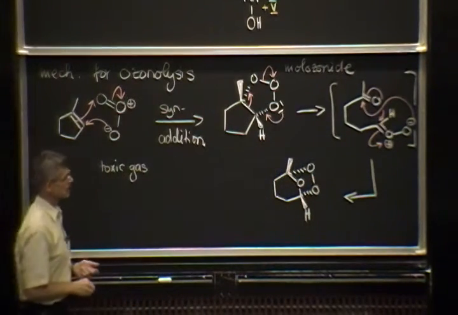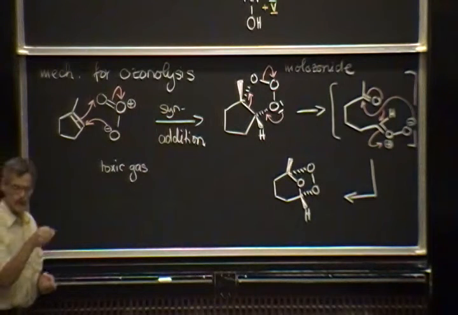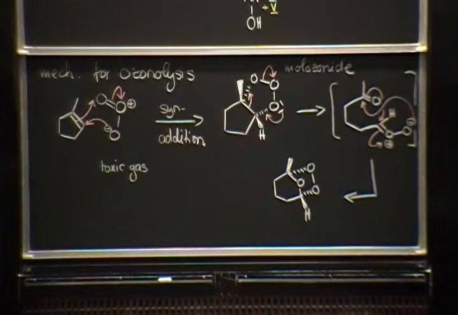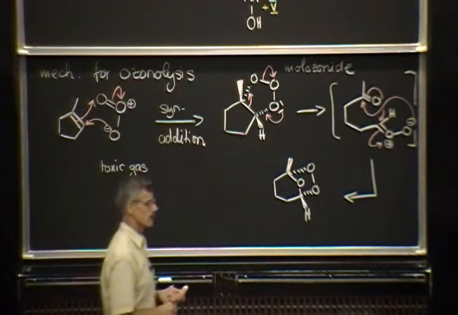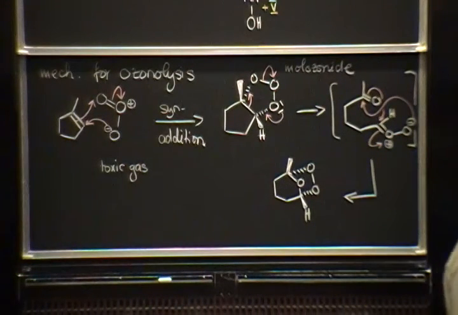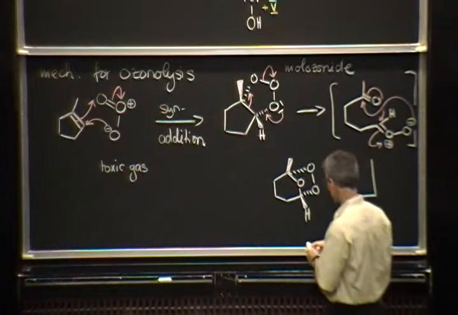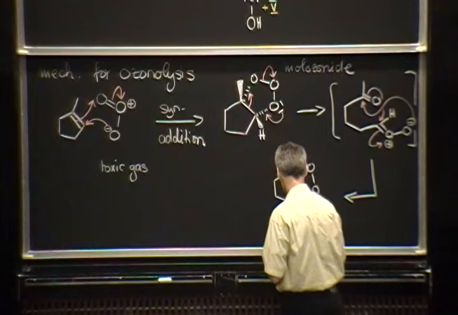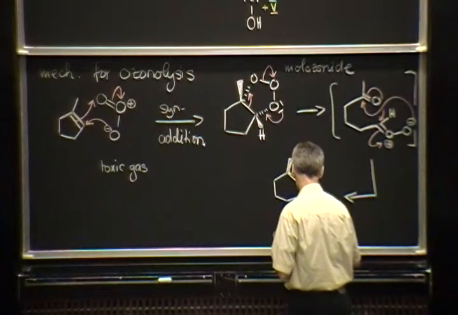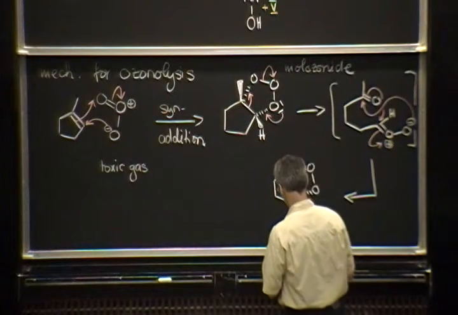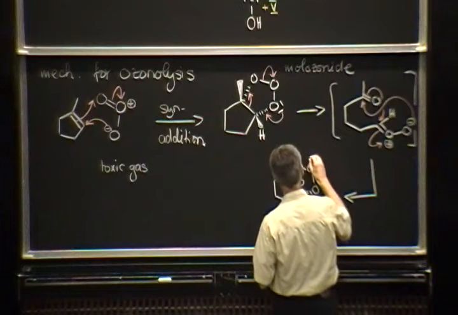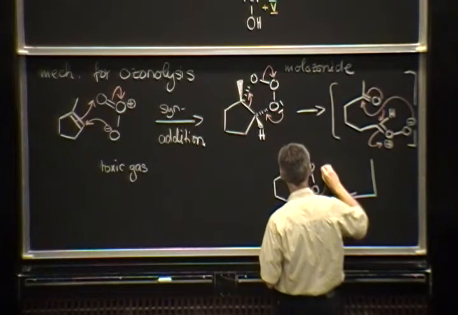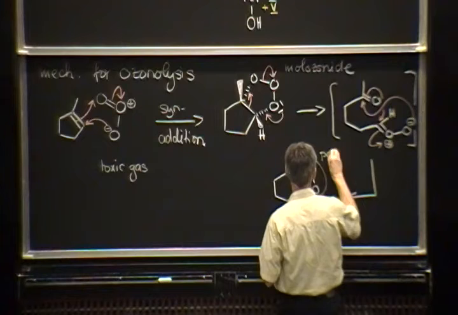So this is a bicyclic compound now that has an oxygen ether bridge at the top, and then it has the peroxide function at the bottom. And this is the ozonide. And this part here that I circle, this is a peroxide.